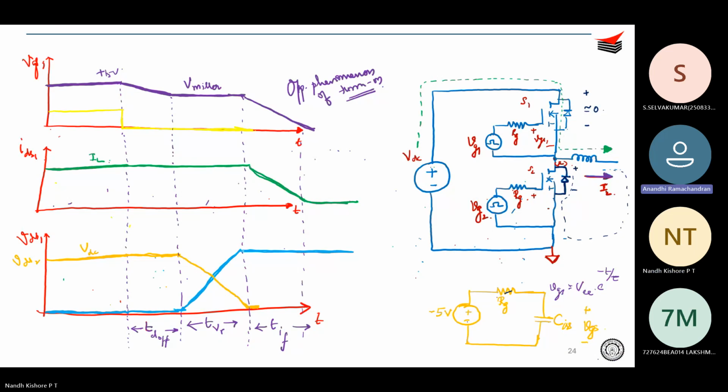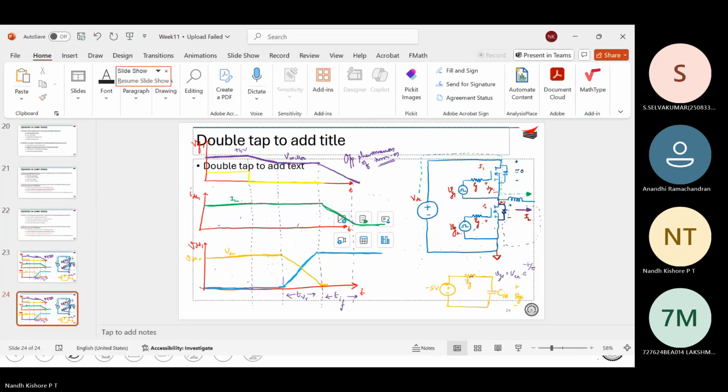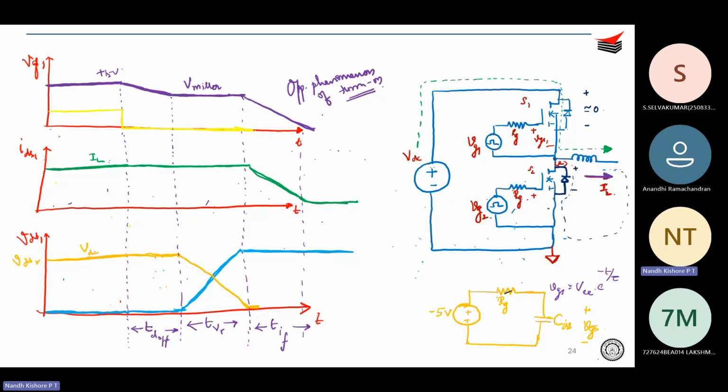I hope you understand till this point, right? So opposite phenomenon of turn on. So first there will be turn off delay time, then voltage rise time, and then current fall time.